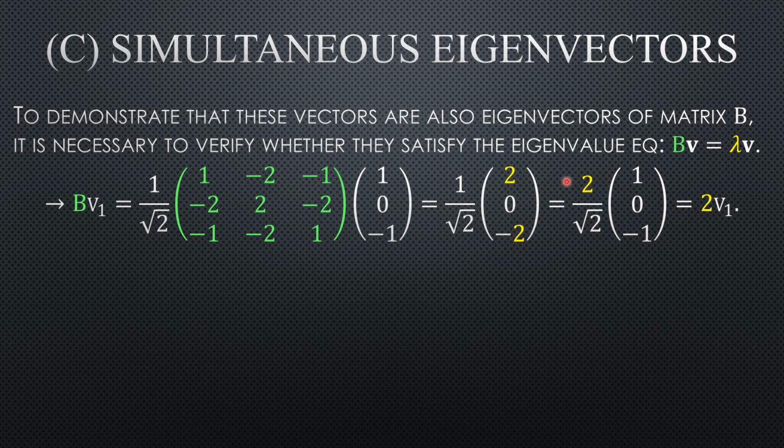So we factor the 2 out, and then we see that this is just a duplicate of the eigenvector, as you see here in the white, by a factor of 2. Therefore, we know that this vector is an eigenvector of B as well, and we're good to go. It's just going to have a different normalization since our lambda is 2.